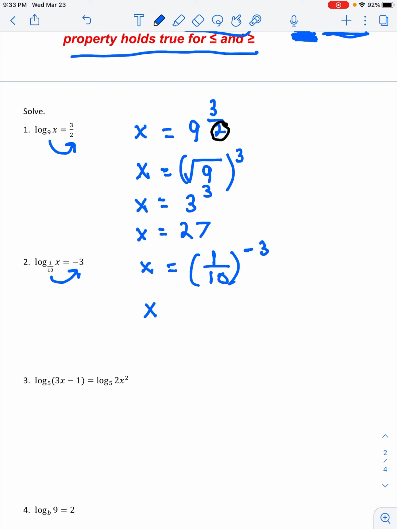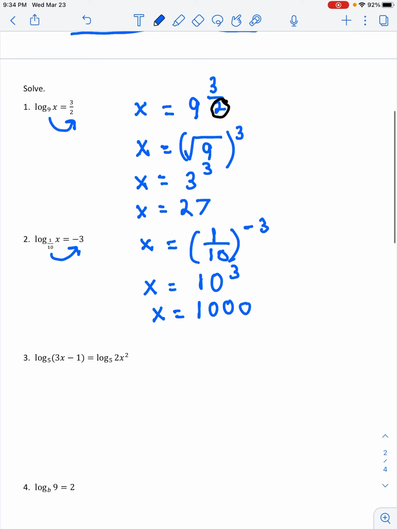Of course, this is where we have to remember the reciprocal property of a negative exponent. The base 1/10, since it's raised to a negative exponent, we can take the reciprocal of that base, which would be 10, and raise it to a positive 3, which means x would equal 1,000.